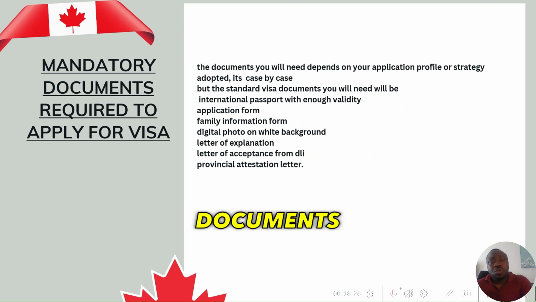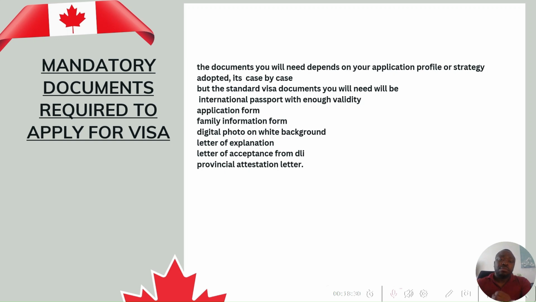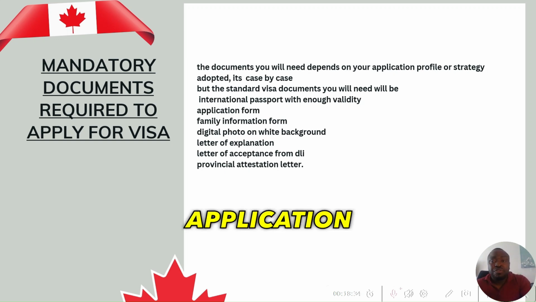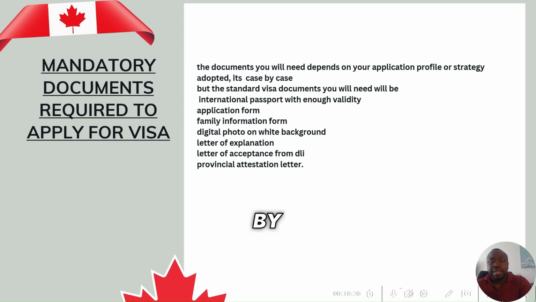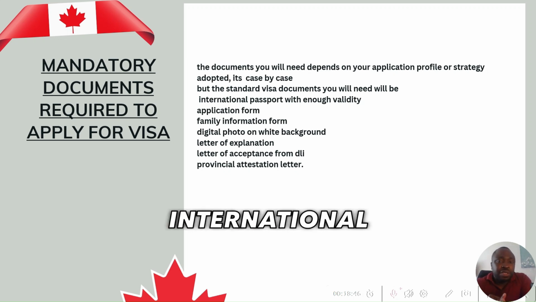These are the mandatory documents that are required for you to apply for a visa. The documents you will need will depend on your application profile and the strategy you want to adopt, and it's case by case. But the standard visa documents you will be needing will be your international passport.